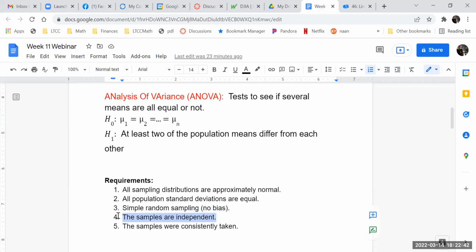Okay. Number 4 is the samples are independent. So that is important. That's the kind of thing where you can't ask a person 7 questions and compare each person's 7 answers, because that would be dependent. This doesn't mean you can't do statistics if you have a bunch of dependent data sets.